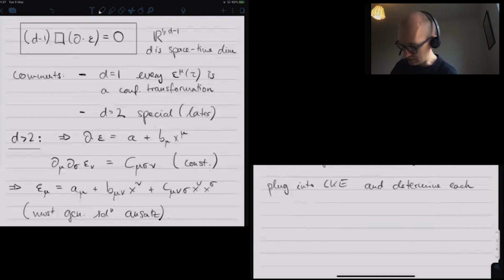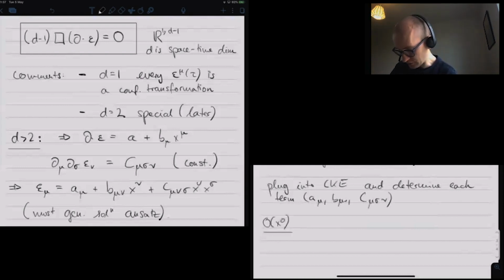By term I mean things like A mu, B mu nu, and C mu sigma nu. So we plug this into the original conformal Killing equation, and we can do this order by order in x.